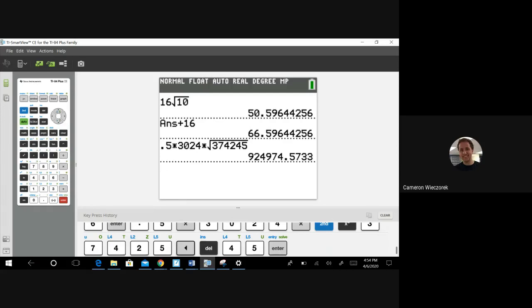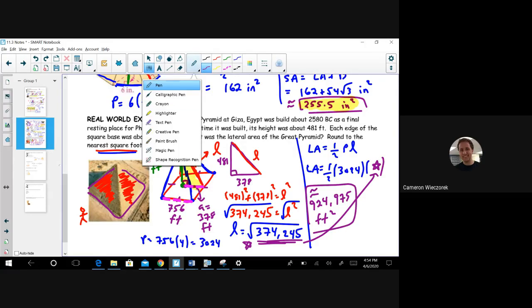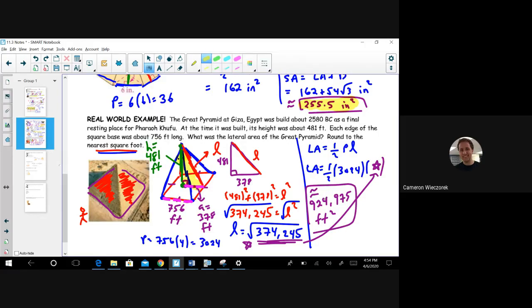You've got 924,975 if I round up, since it's a 5. Okay. So this is approximately, big number, 924,975 square feet. That's how much takes up the triangle surrounding the Great Pyramid in Egypt.